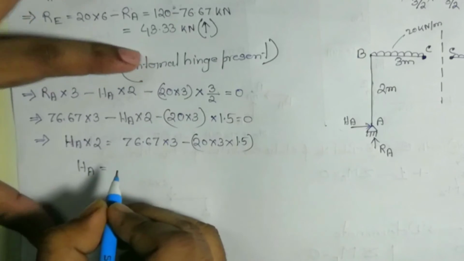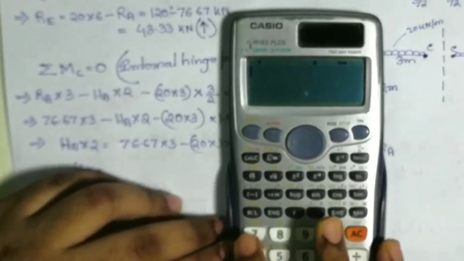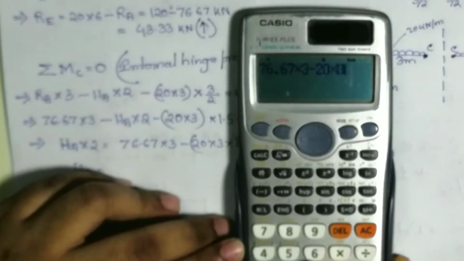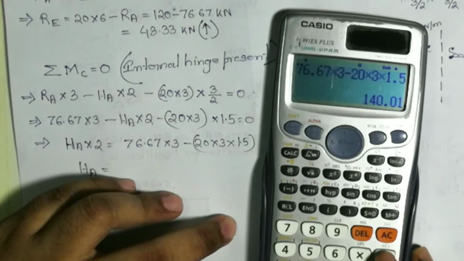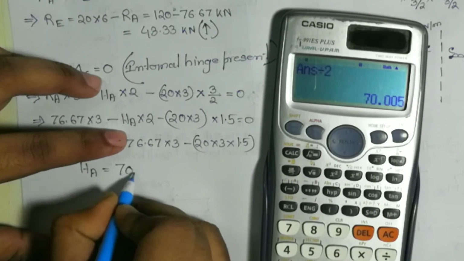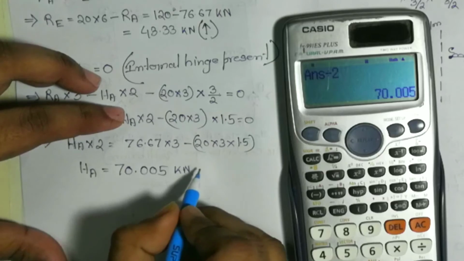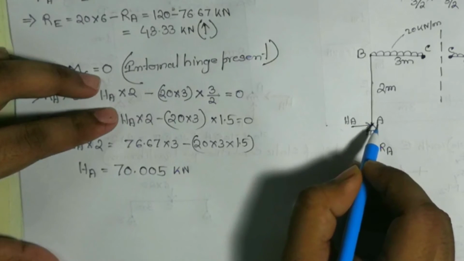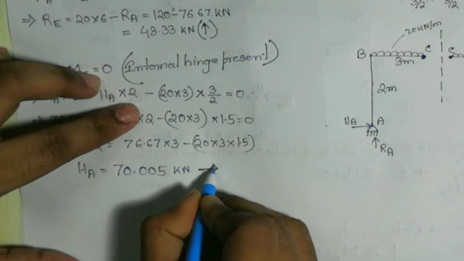Therefore HA will be 76.67 into 3 minus 20 into 3 into 1.5, divided by 2. It is 70.005 kilonewton. Now the value obtained is positive, so our assumed direction, that HA is acting along the positive x-axis, is also true.